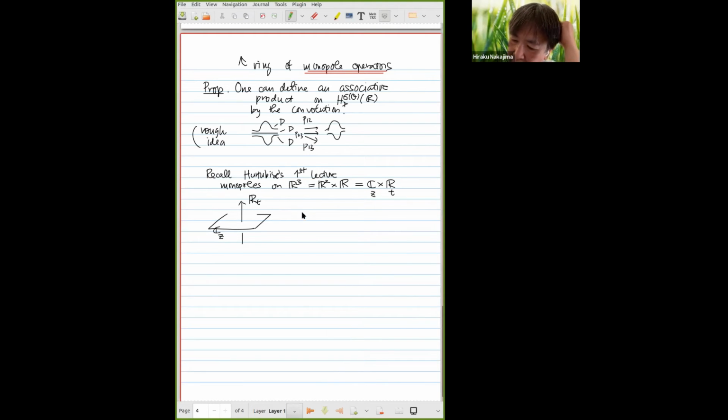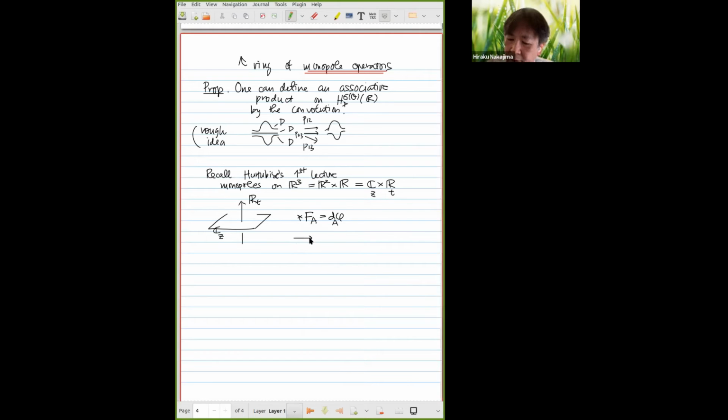Then the monopole equation is F equals star d_A phi. So this is our monopole equation.